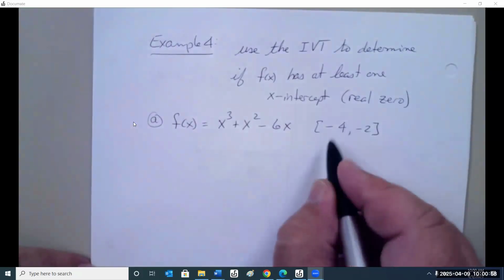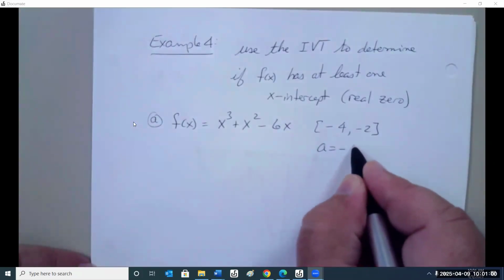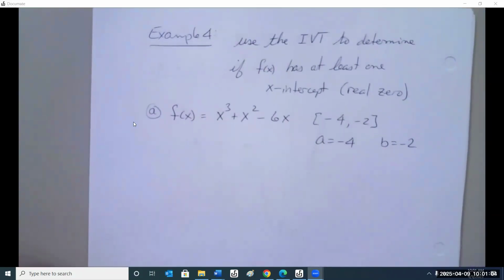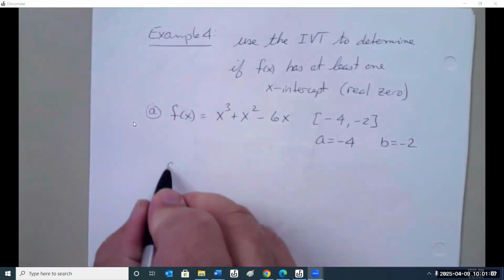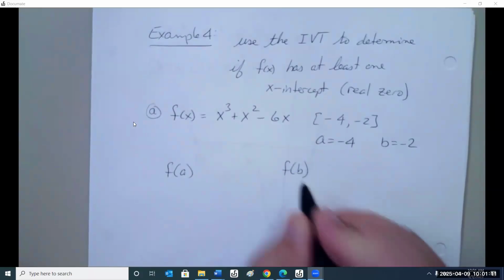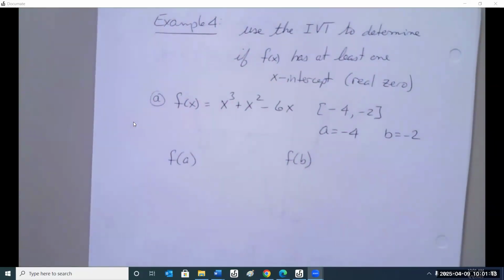So what this tells us is A is equal to -4 and B is equal to -2. So we have to do f of A and f of B. And according to the intermediate value theorem, if their signs are different, then there's going to be at least one x-intercept between there.